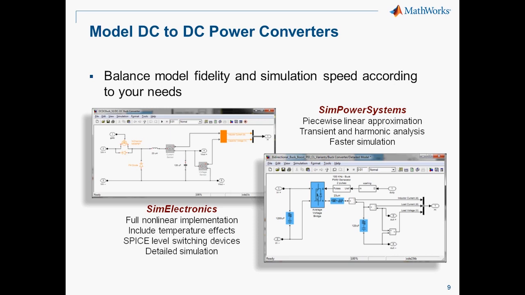But instead of solving the nonlinearities on the switching devices, it is using a piecewise linear solution. So when the switch is open, you have one system. When the switch is closed, you have a different system, and it goes from one to the other as the simulation is progressing. So this allows you to build very fast-solving electronic circuits.